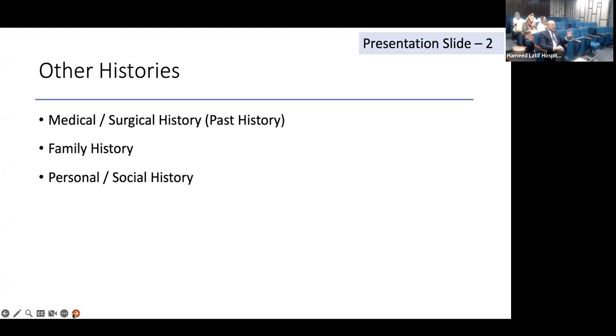So you mention that. In medical surgical history, of course, you also make mention of points like a history suggestive of autoimmune disease. I'm not saying that in every patient you would do that, but it is something that would be relevant, and you would then make a point of it.